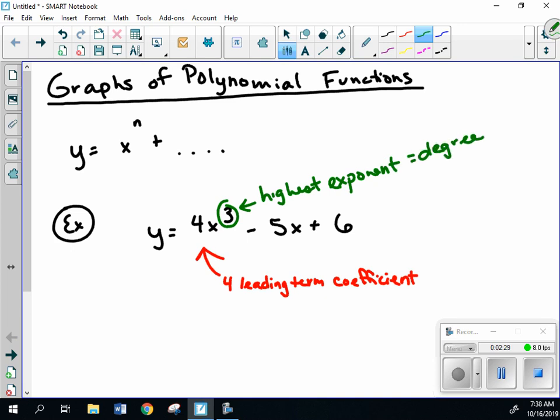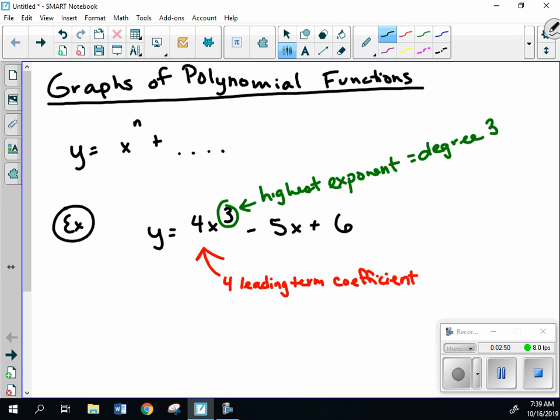So the degree of this polynomial would be 3, and that's because that is the highest exponent in this polynomial. And since that's the highest exponent, again, the leading term coefficient is that 4. Okay.